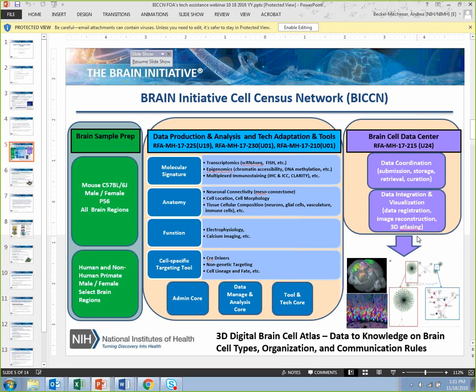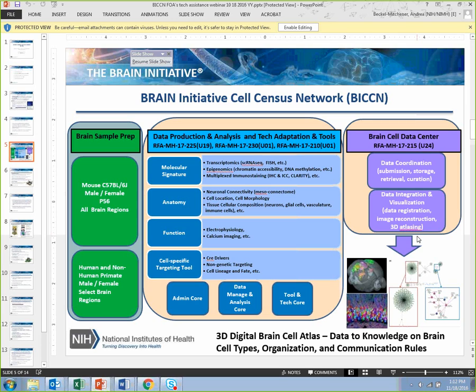Each data generation center or collaboratory is expected to perform one or several of 4 research themes, that is molecular signature, anatomy, function, and cell-specific targeting tools. The U24 brain cell data center will integrate, visualize, and disseminate the data generated by the BICCN as well as by the research community.